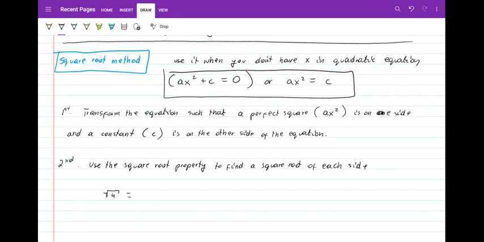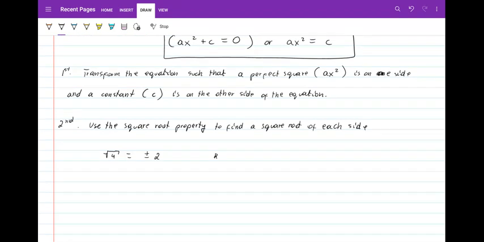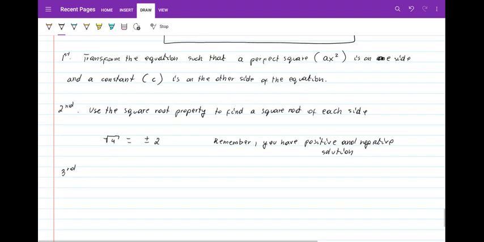We just need to remember we'll have two solutions, positive and negative 2. So just remember that you have positive and negative solutions. And the third step will be solve each resulting equation.